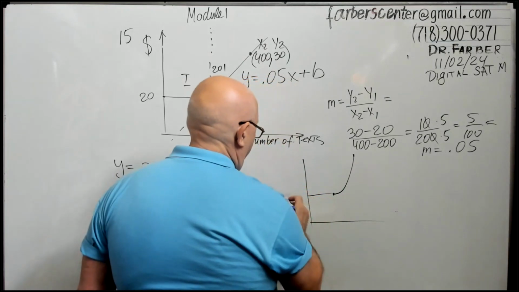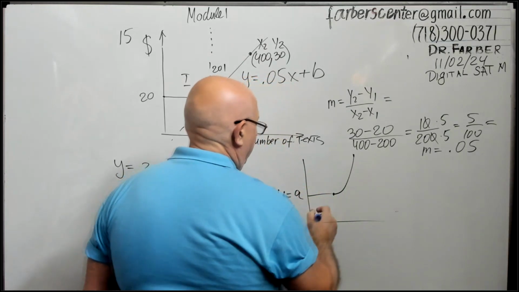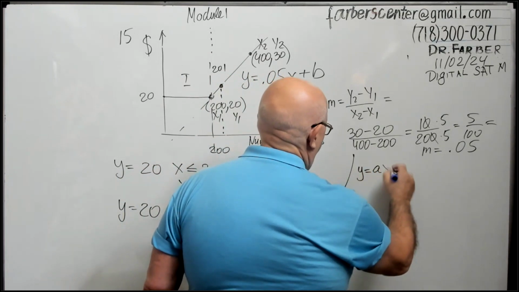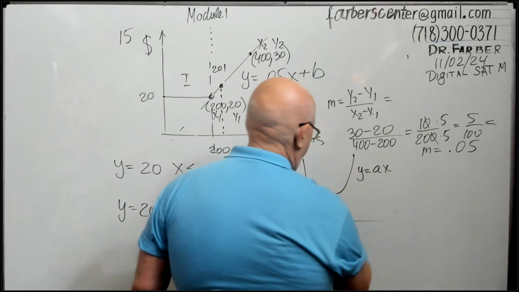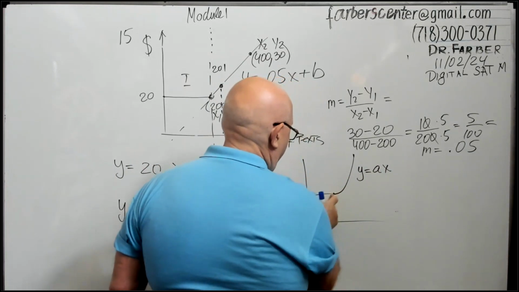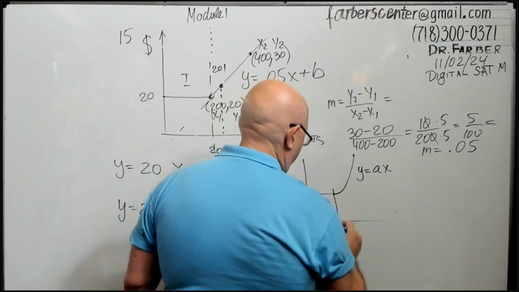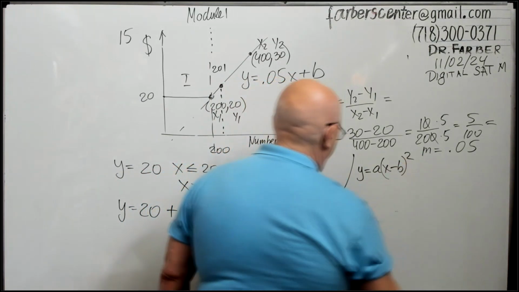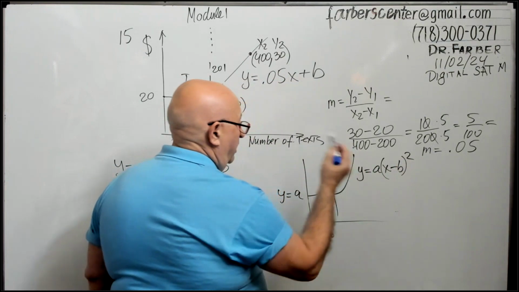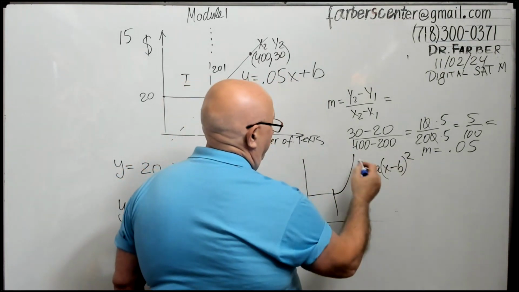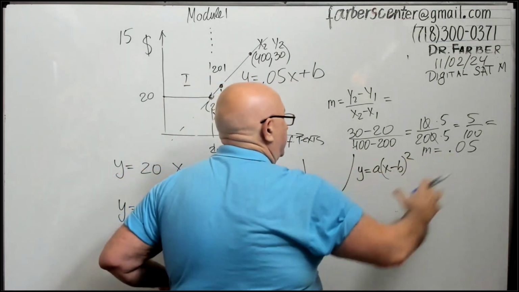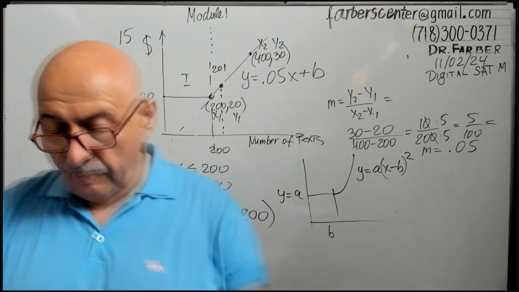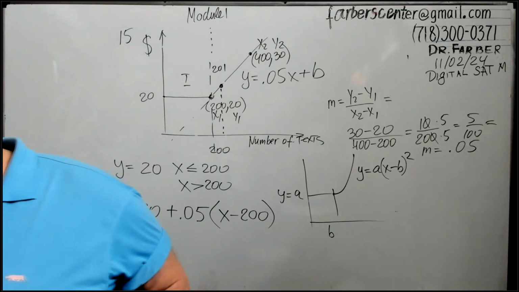For this one, y equals a. And for this one, y equals a x squared minus, you have to subtract this distance, minus b to the second power for this interval. In a piecewise function, you can have anything. You can have a combination of 7 different intervals with different functions. I believe you understand this, right, students?